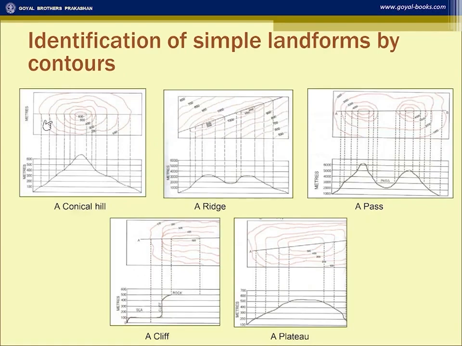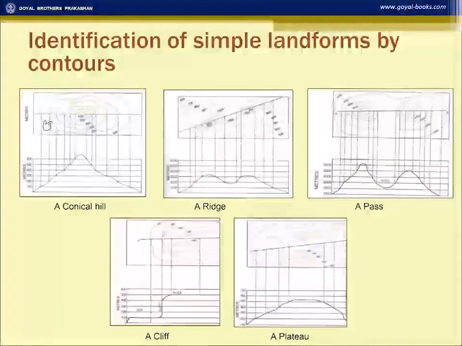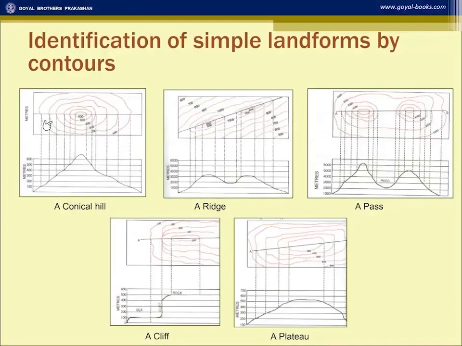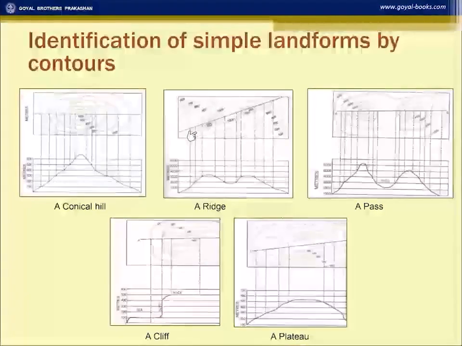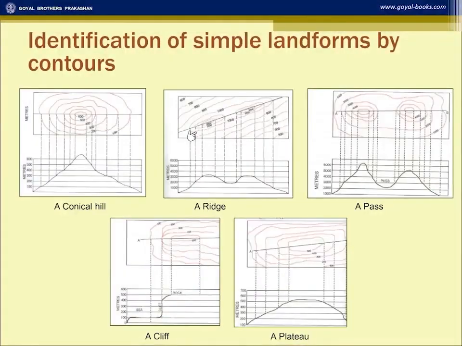Now these are some of the features represented by the contours. Now a conical hill, you can see, is shown in this manner with the height increasing as we go up. This is called a conical hill. Next comes a ridge. A ridge is a raised area which is represented by a longitudinal contour, and it divides.